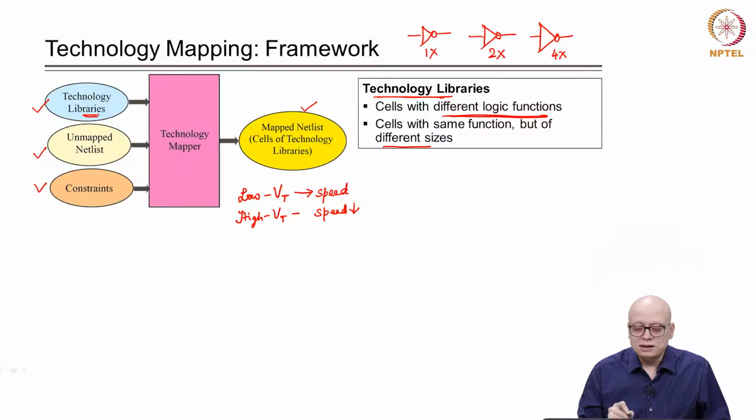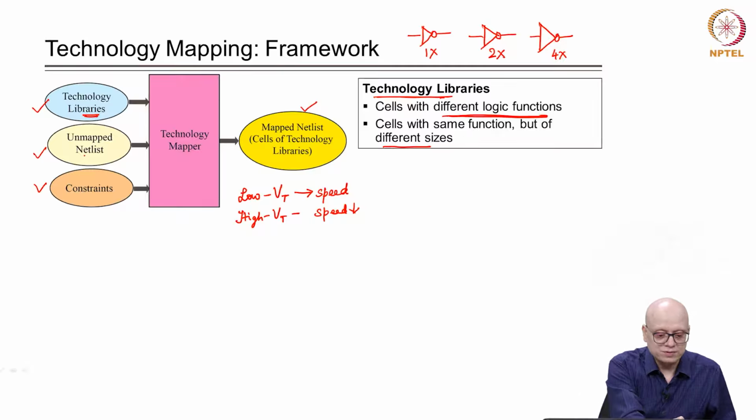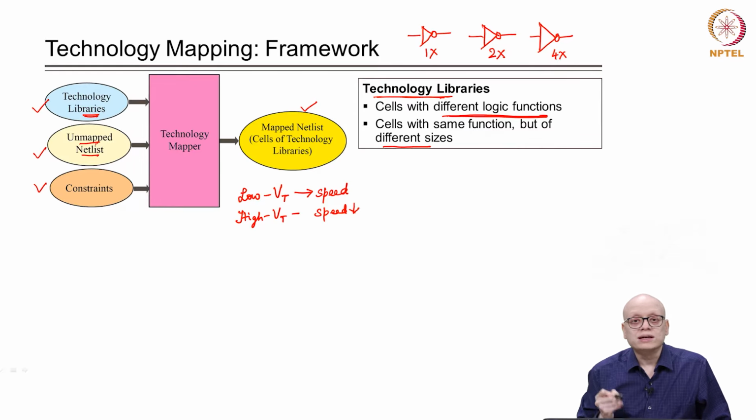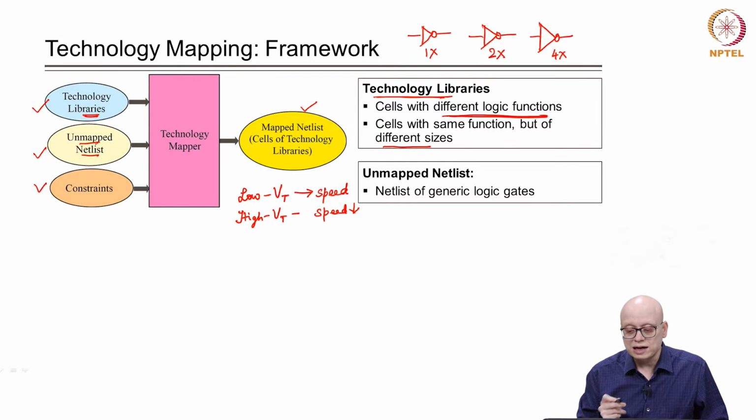Now, another input, and the most important input that we need to give to the technology mapper, is the unmapped netlist. So, what is an unmapped netlist? This is a netlist which is implemented in terms of generic logic gates. Just to recap, generic logic gates do not have a transistor level implementation.